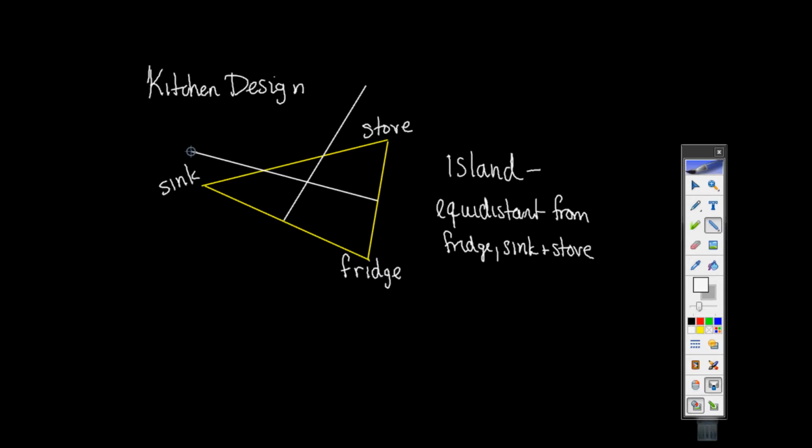And then we find the perpendicular bisector of this side. And you'll put your kitchen island right here, because this spot will be the most convenient spot because it's equally distant from the sink, the stove, and the fridge. So that makes it easy to work with.